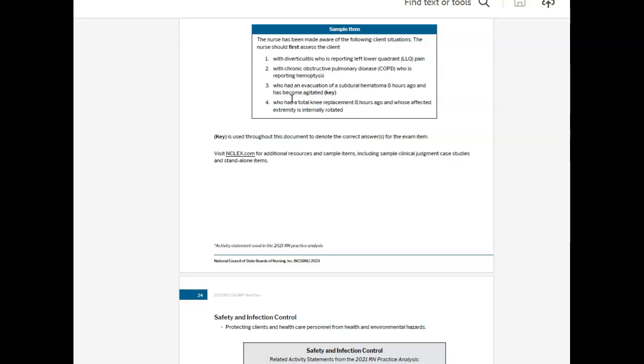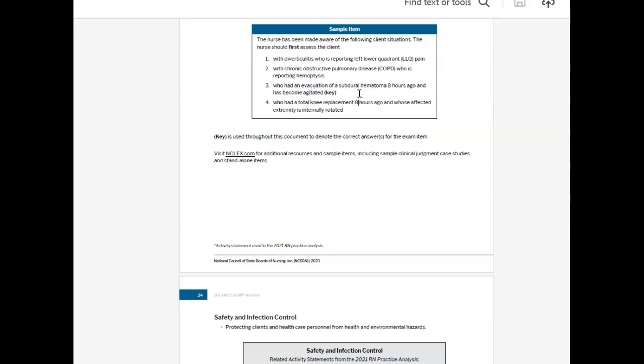And then you have a client who had an evacuation of a subdural hematoma 8 hours ago and has become agitated. Anytime a client has a subdural, that would be in the brain. So when a person becomes agitated and they haven't been agitated, that's not their personality normally, that means the brain is not getting enough oxygen, which means that the hematoma could be growing.